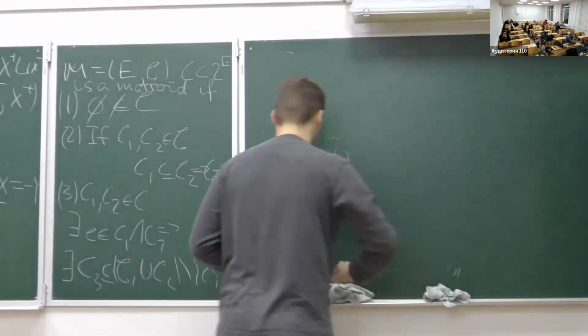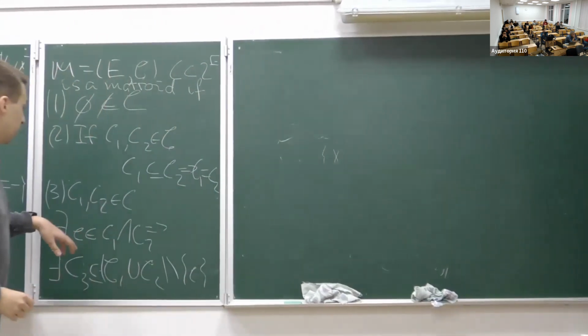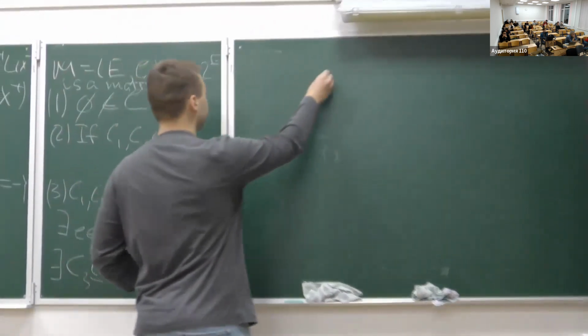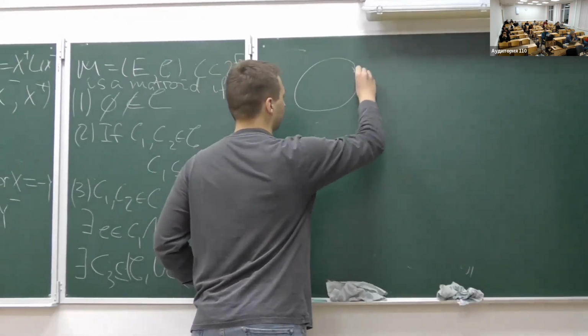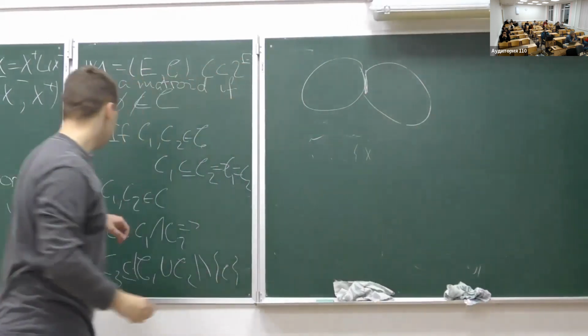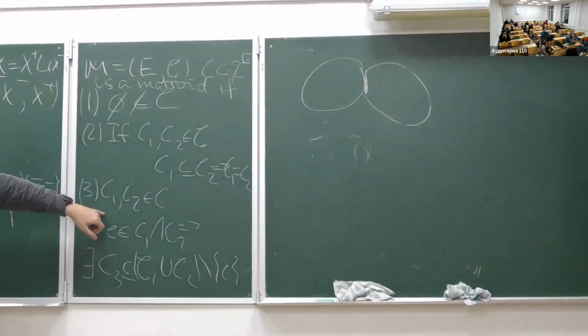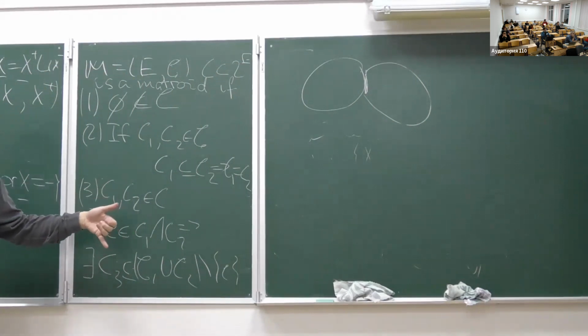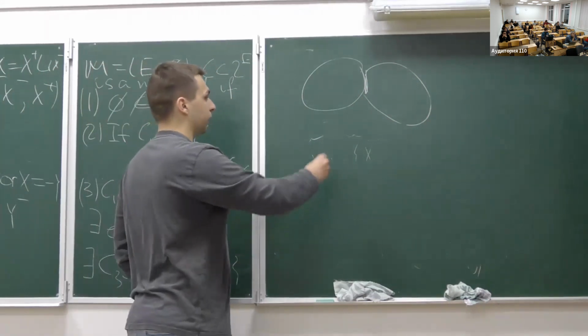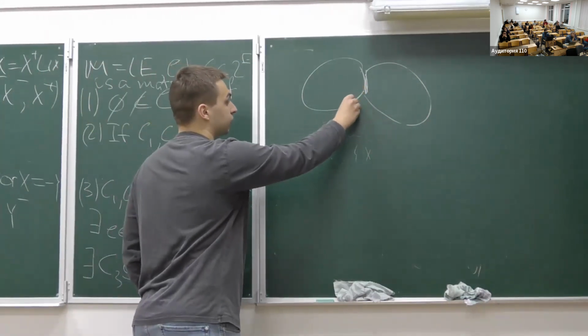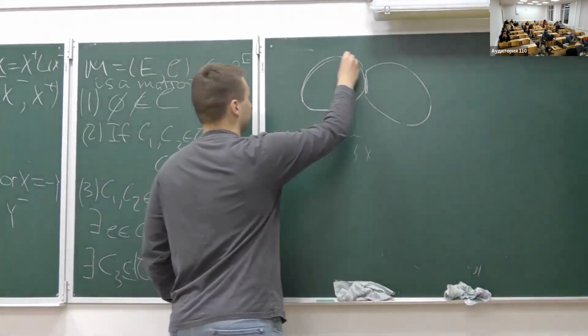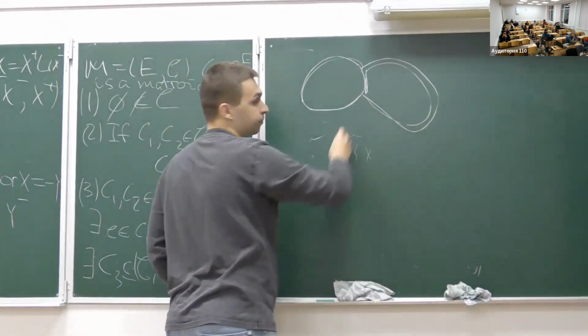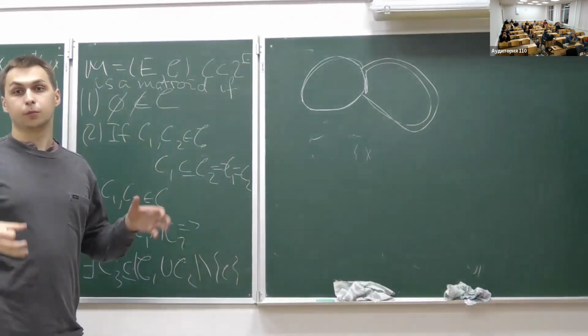If we have a graph and two intersecting circuits, then what the third axiom for normal matroids says is basically that there exists another circuit that we kind of glued together from the first two circuits.